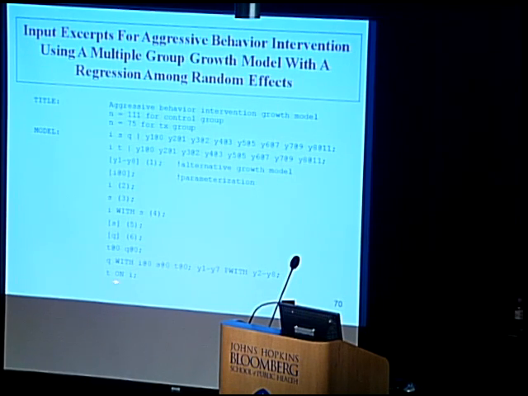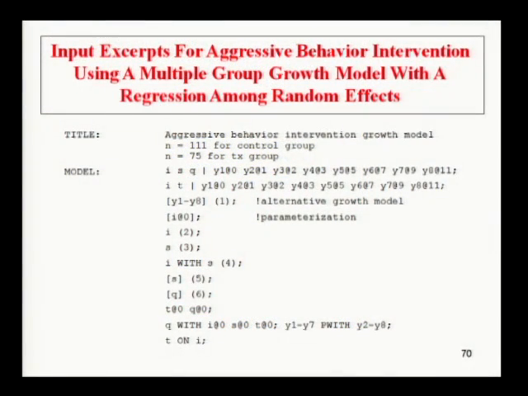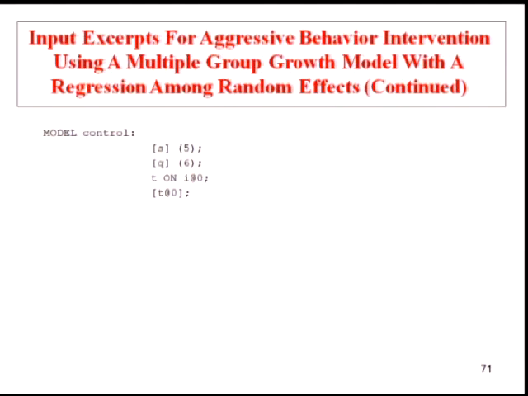We then have in the overall model T on I, bottom of slide 70, that's T on I. And we modify in the control group by saying T on I at 0 and T at 0.